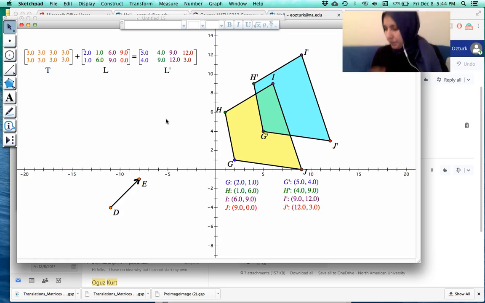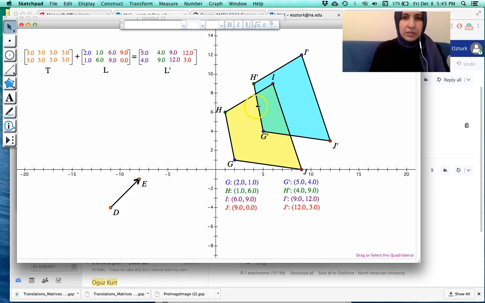It says, describe other questions you could pose to high school students using the sketch translation matrices. If I want to ask more questions to my students, I would ask them: place the vector, the points are 3, minus 1 as D, and E 0, 3, and translate it to quadrilaterals by E.